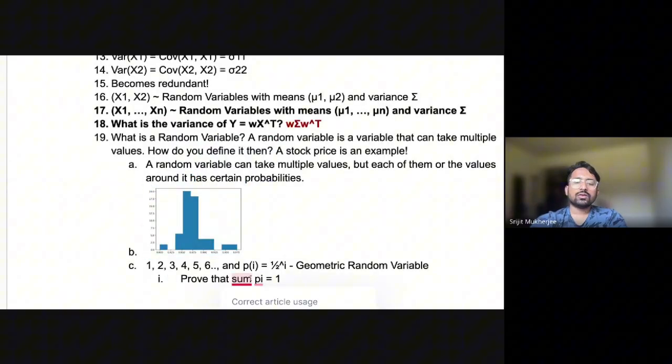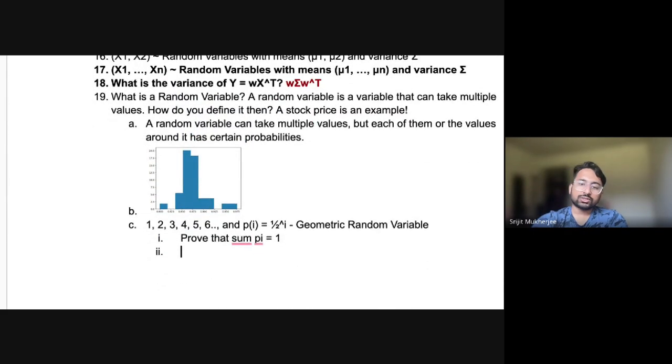So a random variable can take this, which is discrete, but it can also take real values, continuous values. Then it's tricky.